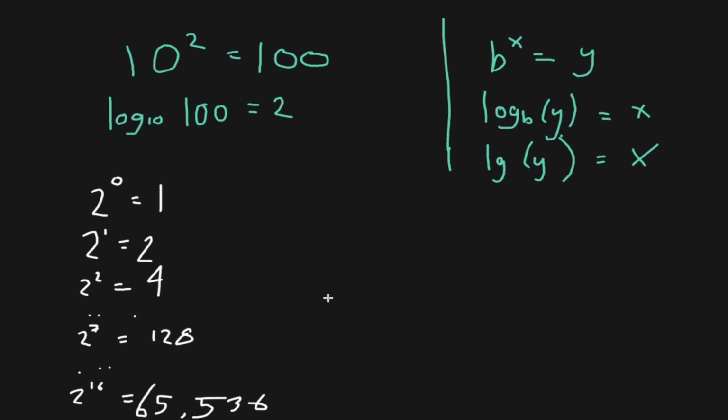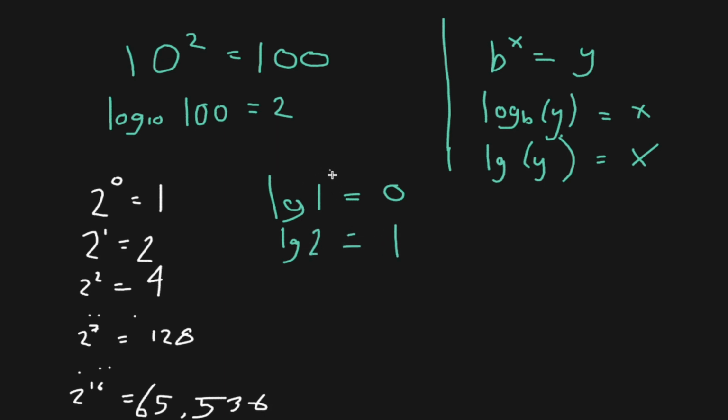But with our new knowledge of the logarithm, we know that this is equivalent to saying the log of base 2, which is this number here, of this number here, so 1, is going to be equal to the power here, which is 0. So we're going to have log of 2 equal to 1.